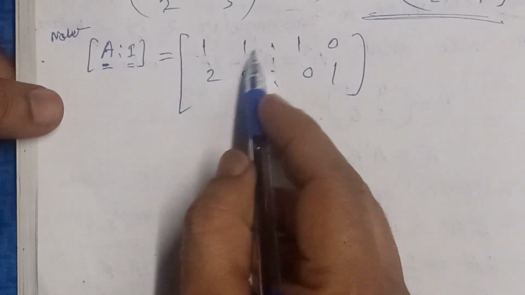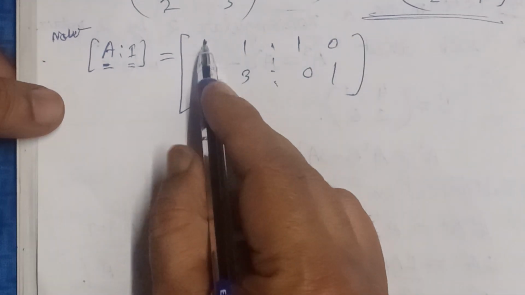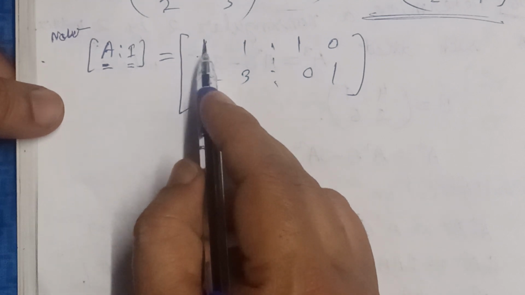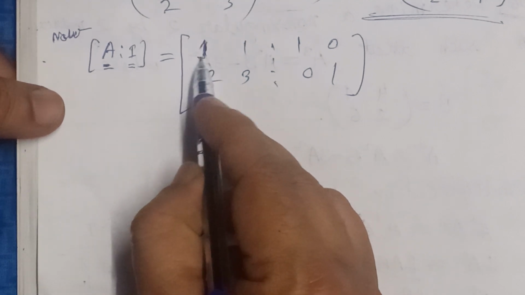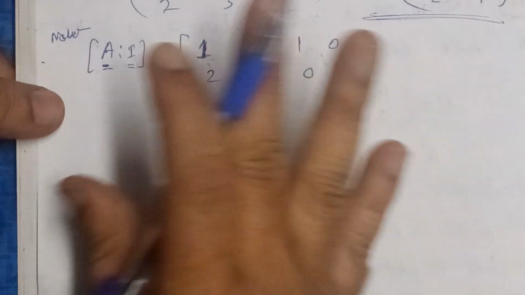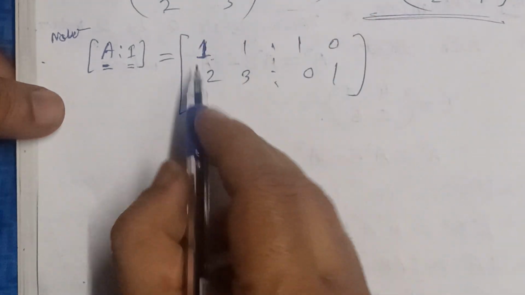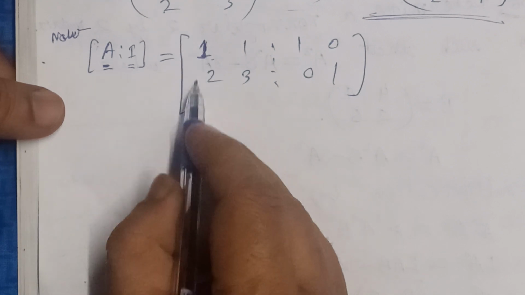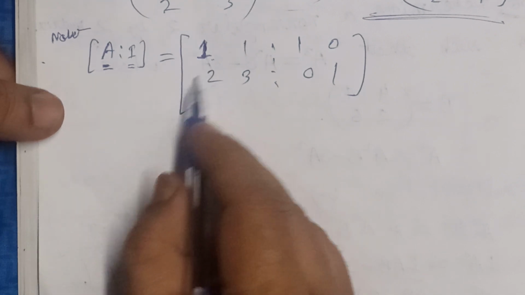So first of all, the element here must be 1, and 1 is already present, so we have no need to convert this. The value below it must be 0.